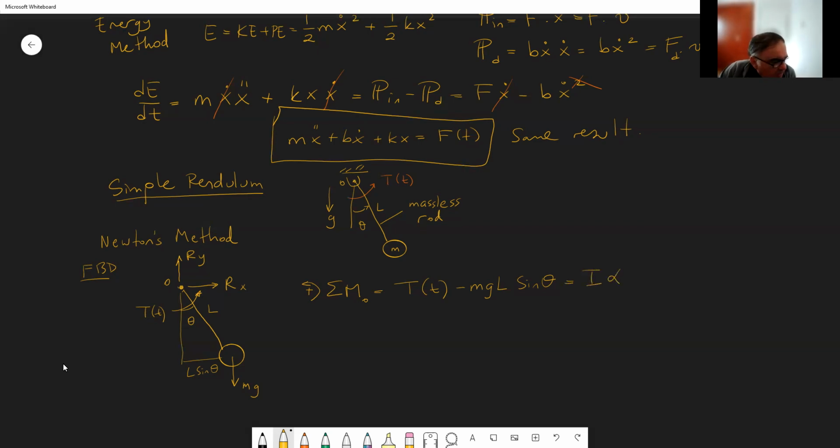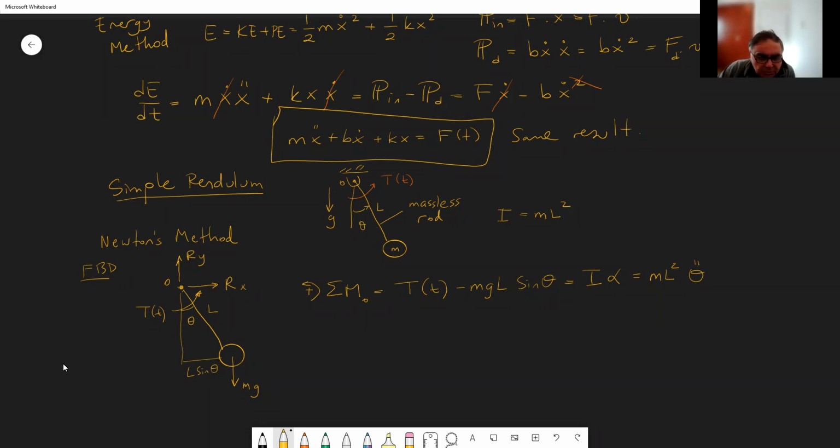But what is I here? The rod is massless. There is a mass here, which is at a distance of L from O. I should be, by parallel axis theorem, as you might remember, mL squared. So it is mL squared alpha, but alpha is theta double dot, second derivative of theta.